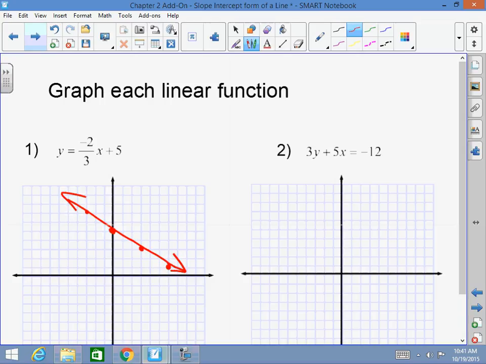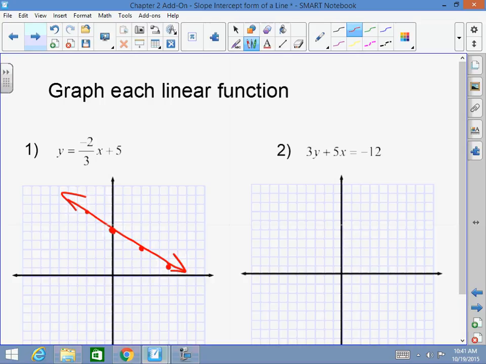Now number 2. I've got this in standard form, and we learned that if it's in standard form, I can find the x and y intercepts. But would the x and y intercepts work in this particular situation? Why? Thank you, because 5 is not a factor of 12.